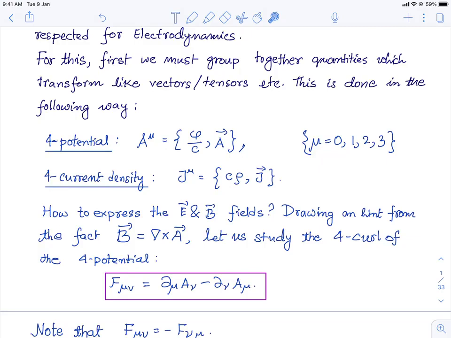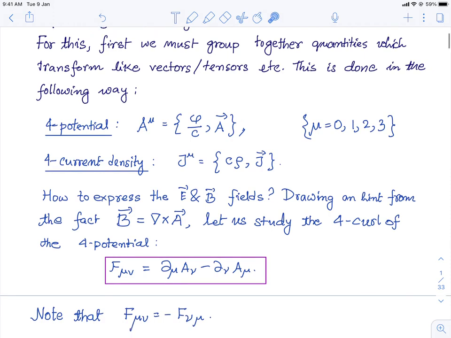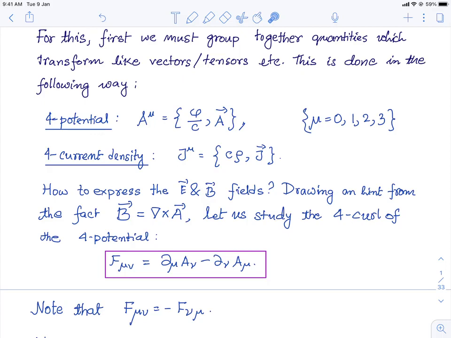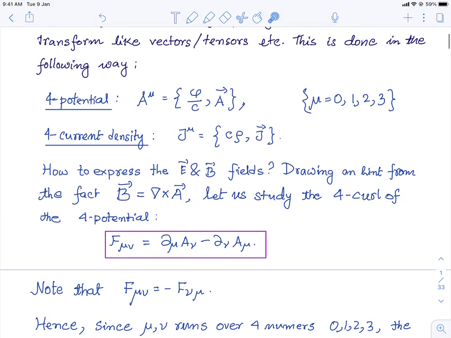That's not what happens, but what happens is the following. The hint is derived from the fact that the vector potential gives the magnetic field. When I take the curl of the vector potential, I get the magnetic field, right? So you might want to try taking the 4-vector potential and writing down its 4-curl.